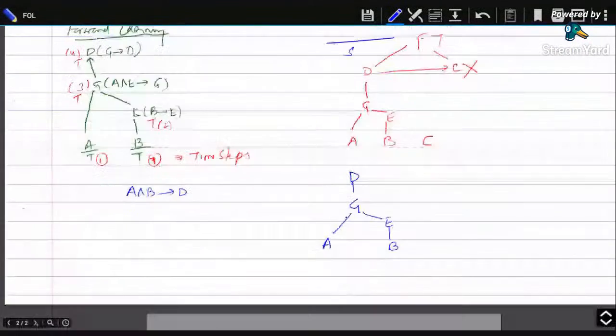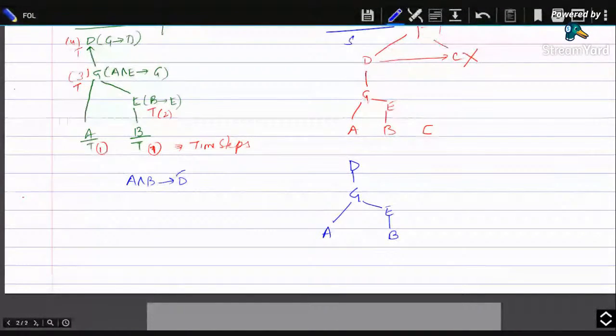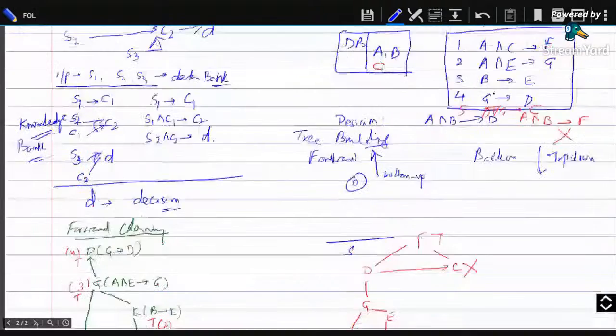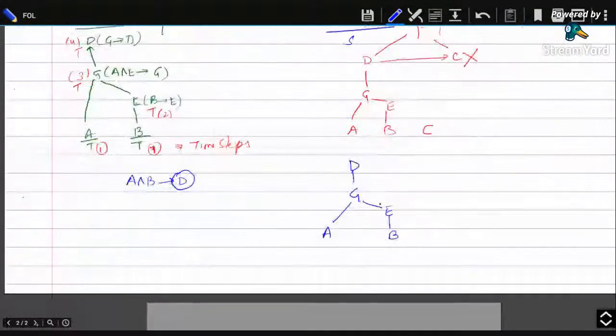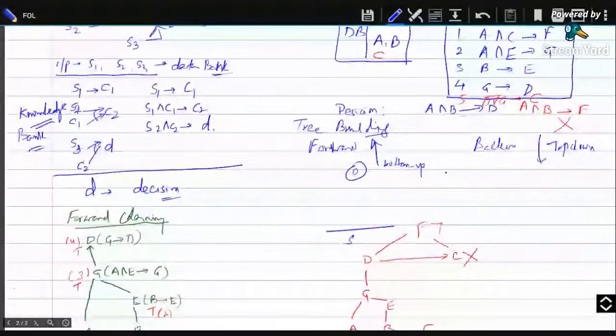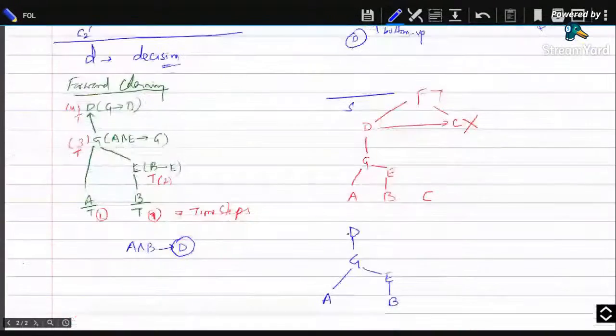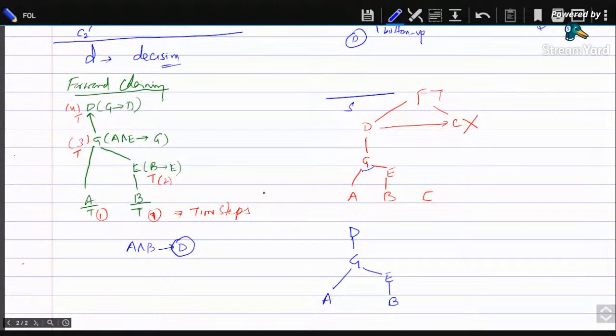So we have started from the right hand side. D is true. So for D to be true, we used the fourth expression. For D to be true, G has to be true. For G to be true, we use the second one. A and E should be true. So let me put AND operations here.